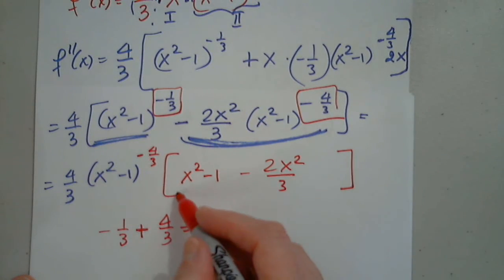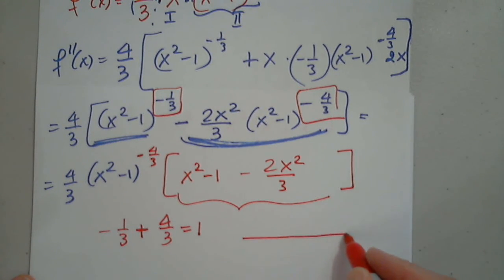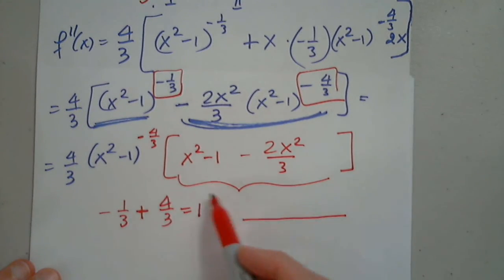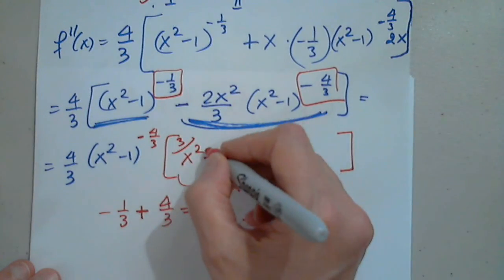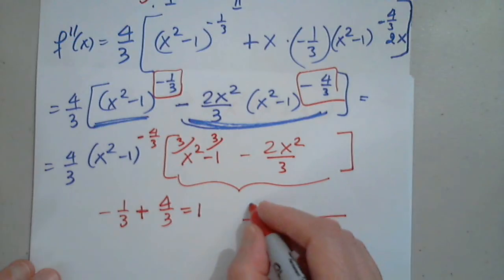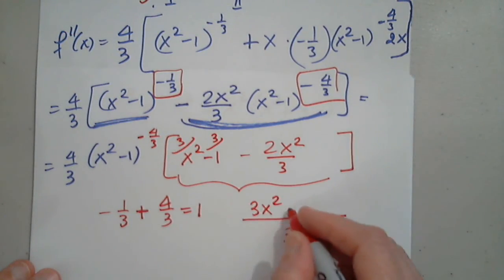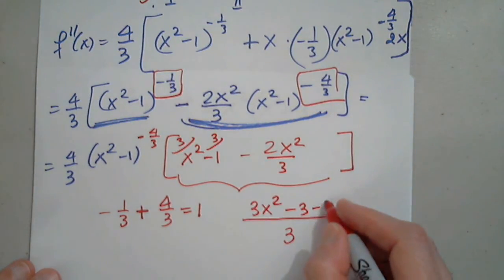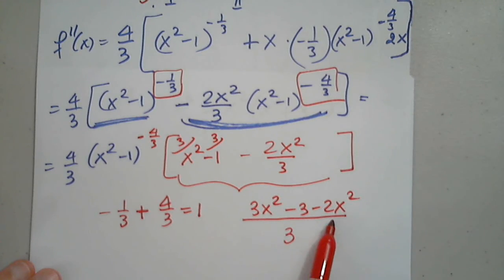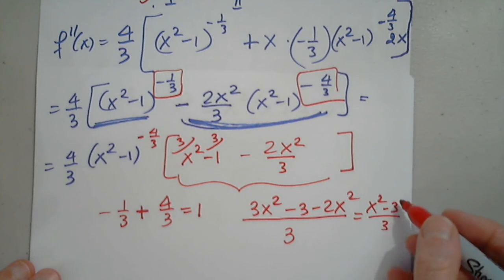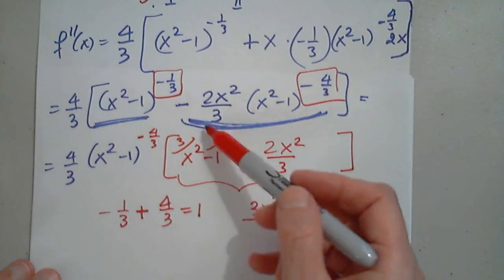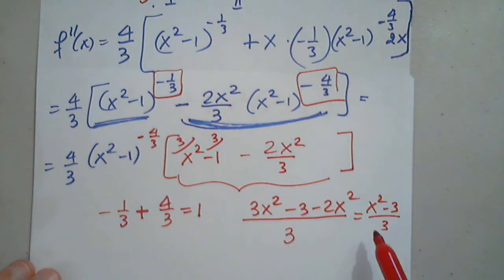I will find the least common denominator, which is 3. Very good. So then this needs a 3 and this needs a 3. So 3x squared minus 3 minus 2x squared. So this will be x squared minus 3 over 3. Do not try to simplify. Remember, we only simplify factors. So all this piece is this.